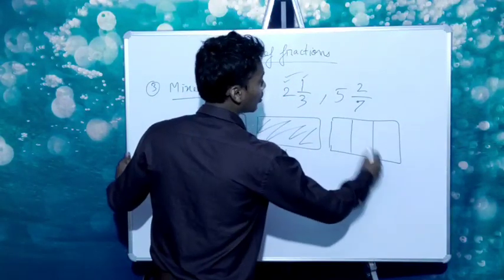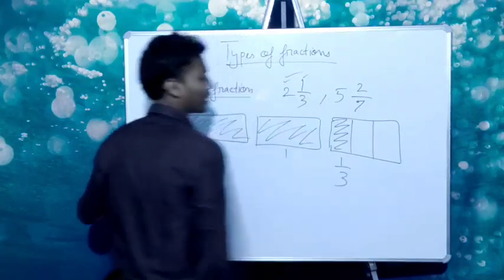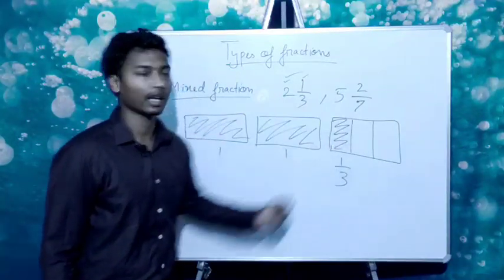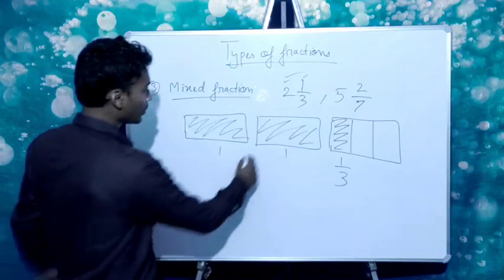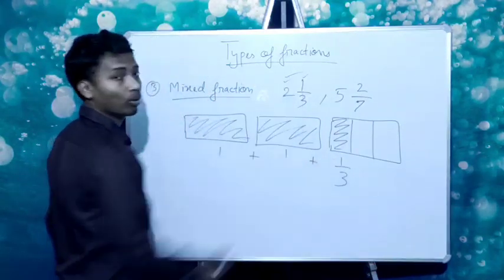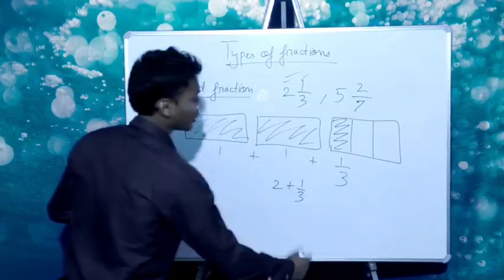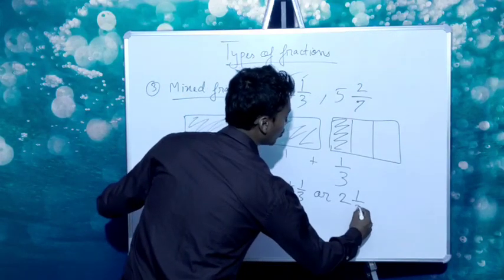If I take one part out of the three parts, it will be 1 by 3. So that is 1/3 of the rectangle that is remaining, right? So 1 plus 1 will give you 2, plus 1 by 3, that is 2 whole 1 by 3. So it can be written as 2 plus 1 by 3, or you can simply represent it as 2 whole 1 by 3.